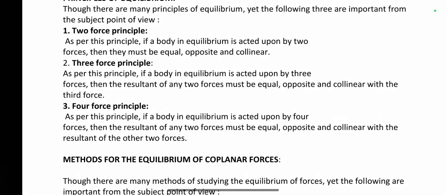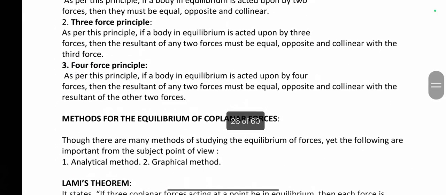That is the three force principle. Next is the four force principle, which is the same as the three force principle. Four forces are acting on a body and the body is again in equilibrium. So definitely the resultant of two forces and the resultant of the other two forces are equal, opposite and collinear.